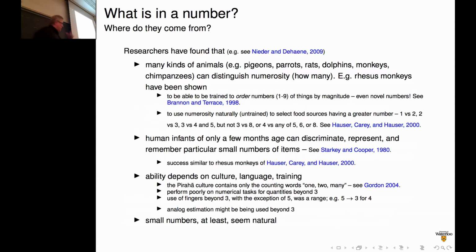It's kind of complicated what these animals can naturally do, rhesus monkeys. And we also find that human infants can make similar kinds of distinctions as rhesus monkeys can in their early few months of life.